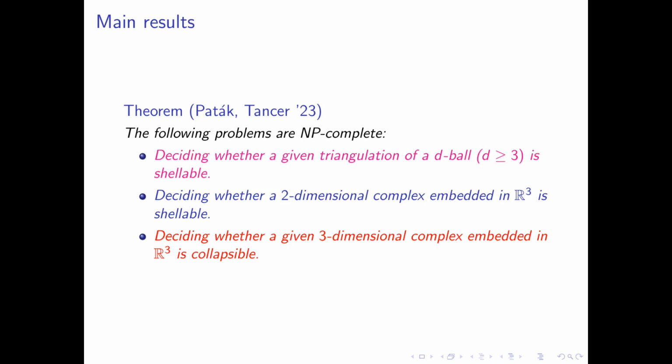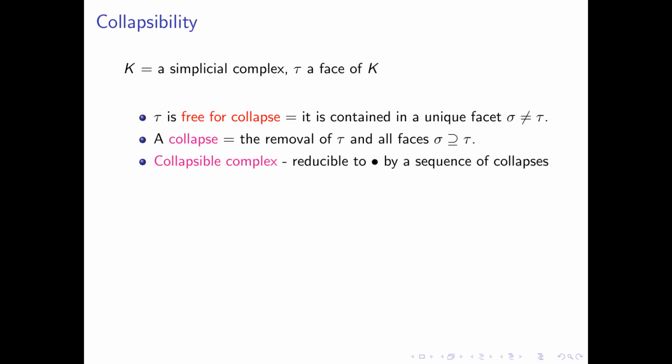And moreover, our last result also tells that it is NP-complete to decide whether a given three-dimensional simplicial complex which is embedded in R3 is collapsible. Since we haven't defined collapsibility yet, let me now tell what this collapsibility is about.